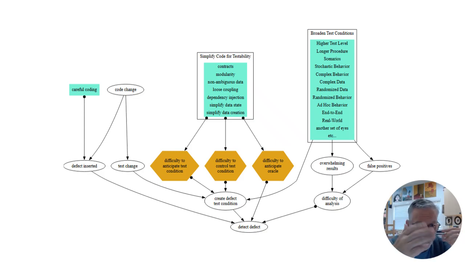So therefore, this one, this one, this one, this one, and this one, and we make a list and we go through all those. Very explicit test conditions where we know exactly which ones we're looking at, and we know exactly what we expect as results, right? But there's other ways of creating test conditions where we don't have an exact understanding of what we want. And this is about broadening the test conditions, making the problem space bigger.